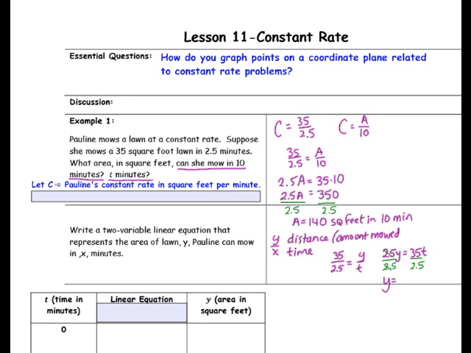Now that can be left as a fraction. 35 over 2.5t. This is our linear equation in two variables relating the amount of lawn mowed in t minutes or in x minutes. This linear equation represents the constant rate at which Pauline can mow a lawn.